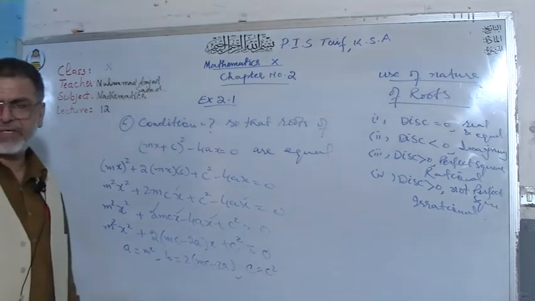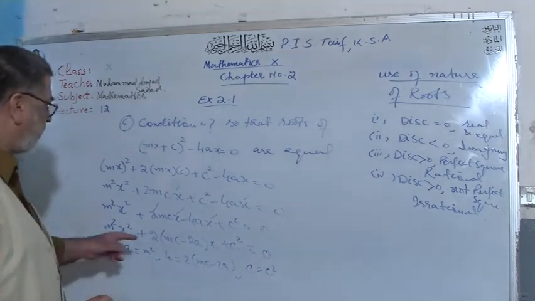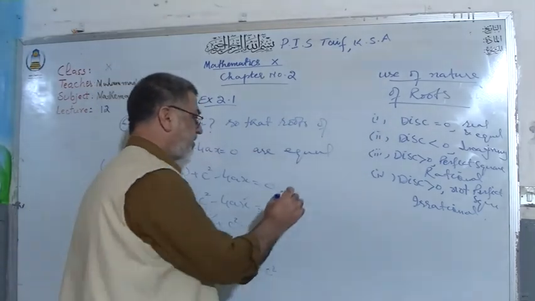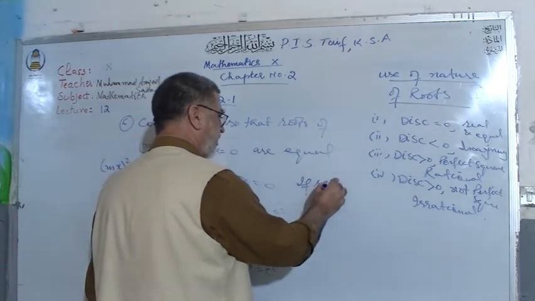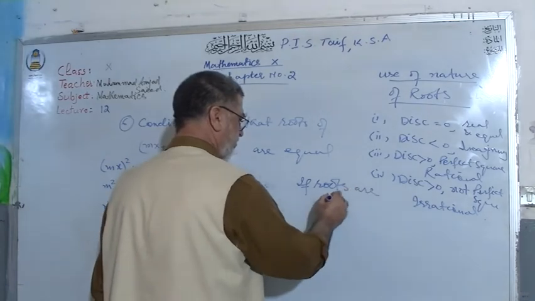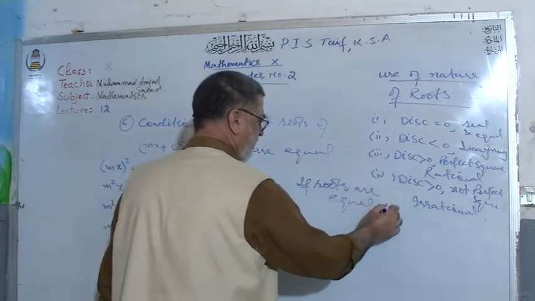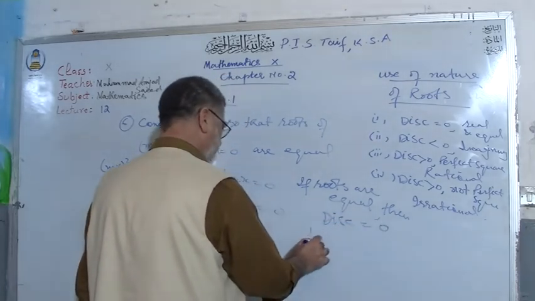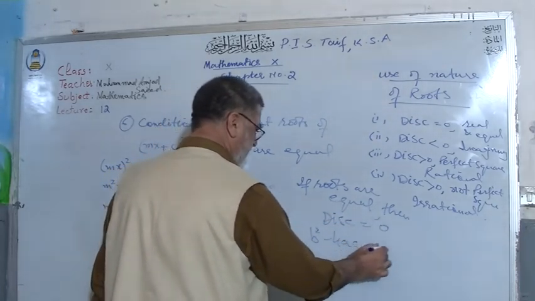Now we will use the formula. Which formula? Rather, we will apply this first result. If roots are equal, then this is equal to 0. b square minus 4ac is equal to 0.